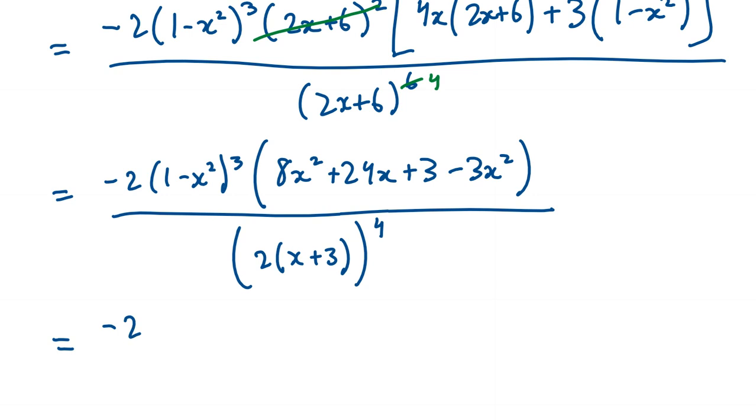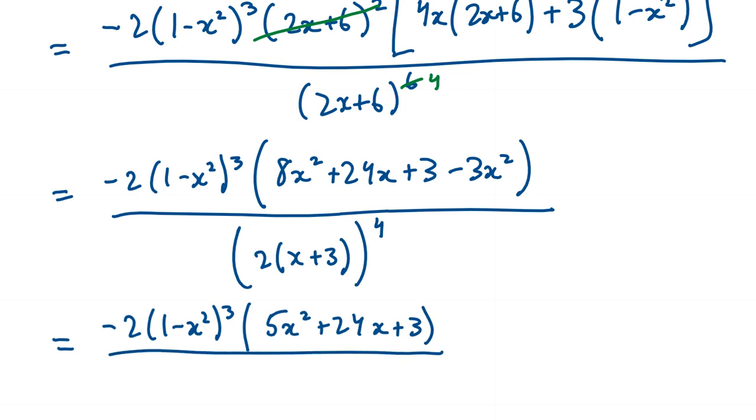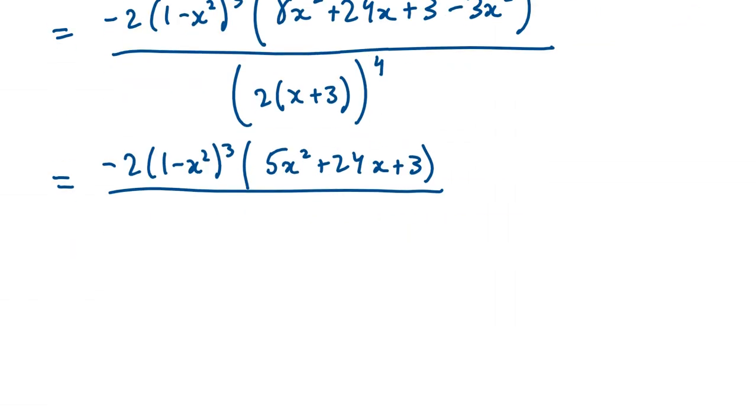Okay, I'm going to continue to tidy up the top. So that should be 5x squared plus 24x plus 3. So this is 2 to the 4th times x plus 3 to the 4th. That's what people miss. The exponent goes on both.